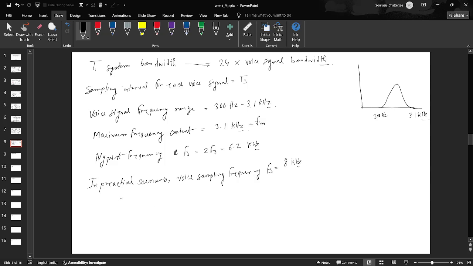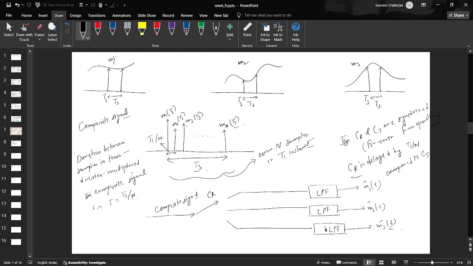Now we have already talked about in the previous slide the spacing between the samples of the time division multiplexed signal, Ts over n, right?